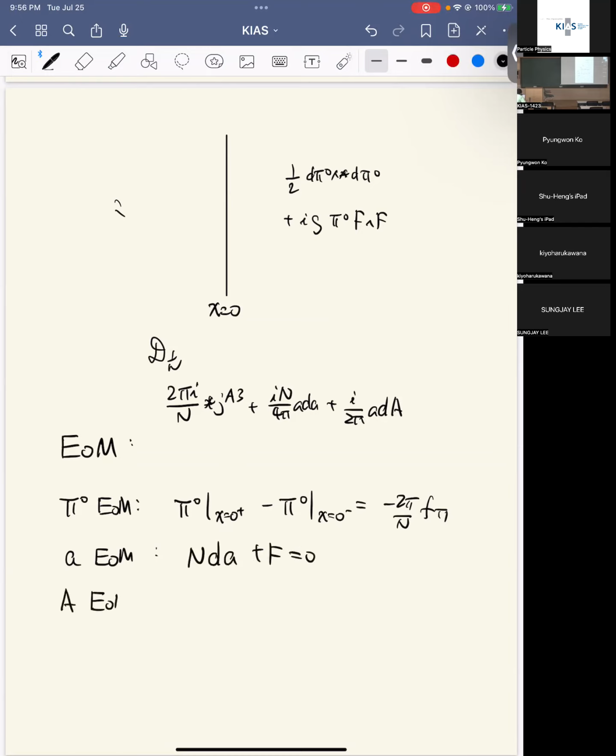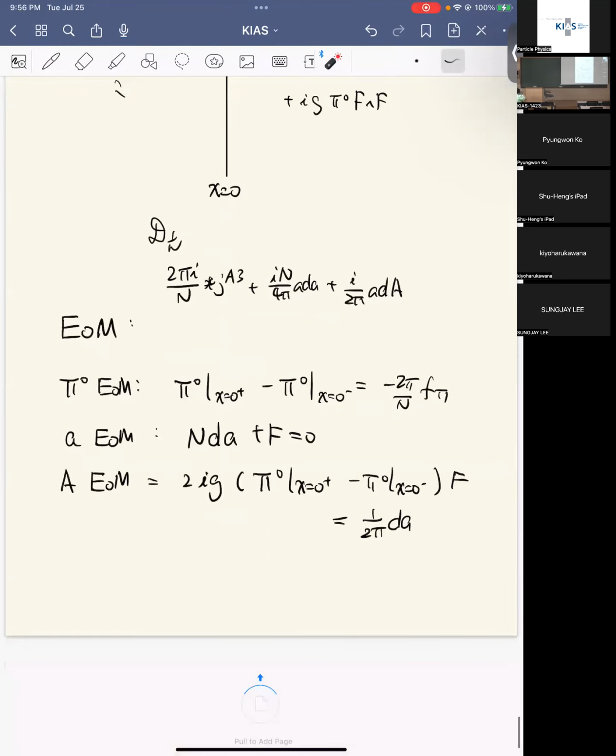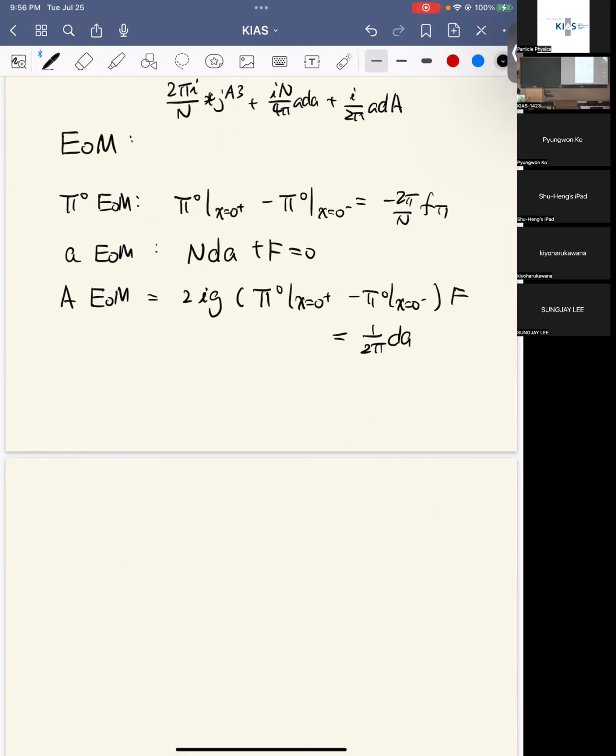The equation of motion for capital A gives you this. And if you stare at these three equations for a little bit, we will see that they are only consistent if the coupling constant G takes a very particular value.